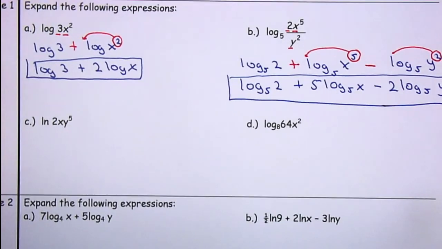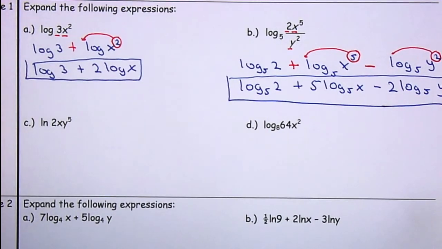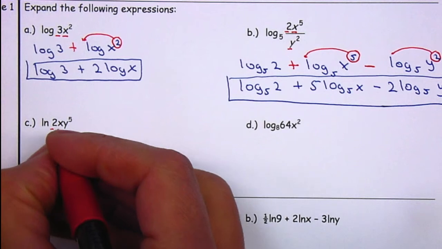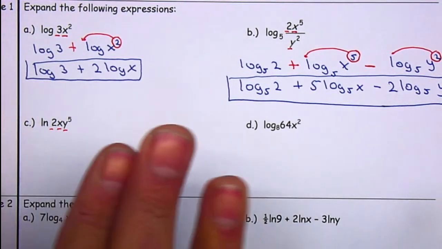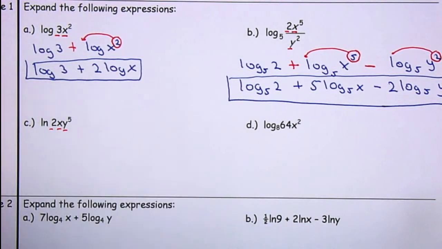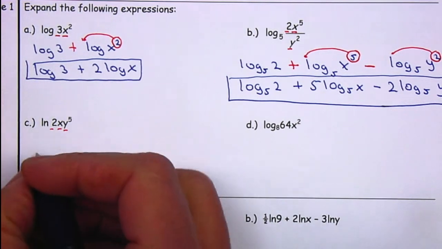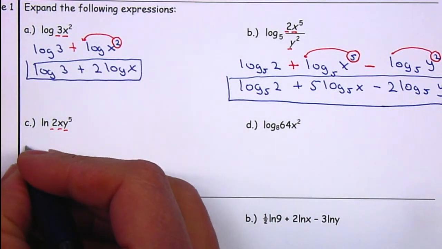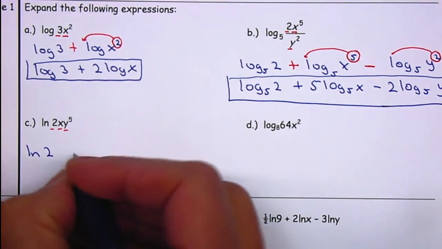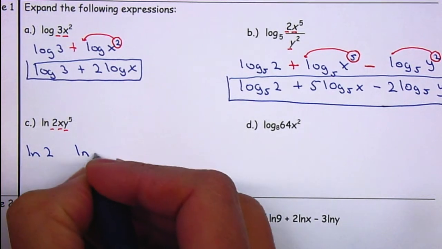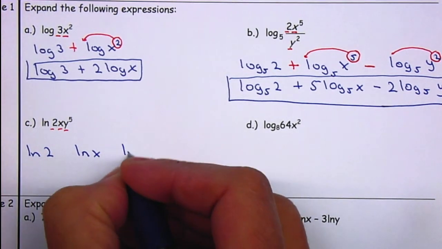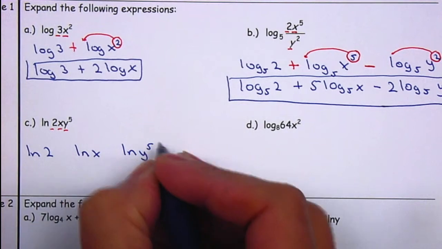Great. So for example number 1C, let's count how many components we have. We have the 2, the x, and the y, so we should end up with 3 logs. In this case it's ln, so the natural log. So the natural log of 2, the natural log of x, and the natural log of y to the 5th.